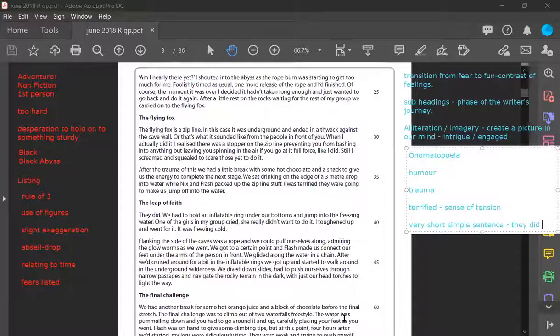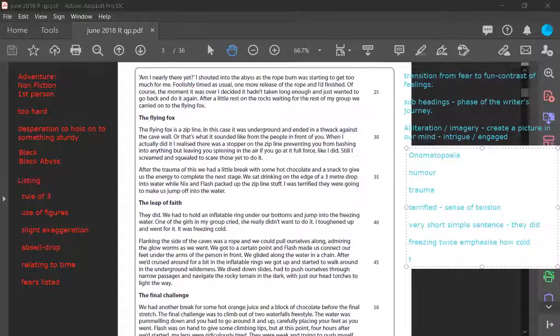We had to hold an inflatable ring under our bottoms and jump into the freezing water. One of the girls in my group cried. She really didn't want to do it. I toughened up and went for it. It was freezing cold. So, freezing used twice in order to emphasize how cold it was.